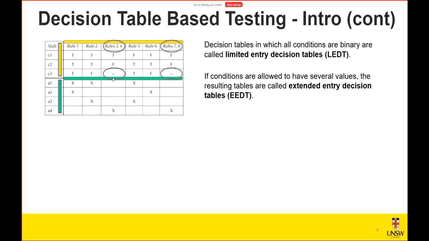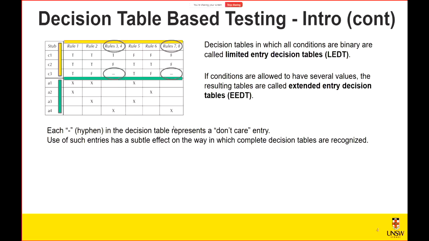And actually this hyphen symbol means don't care. So it means that whenever these two conditions of C1 and C2 are determined, we don't need to care about the condition of C3 for the program to make the action of A4.